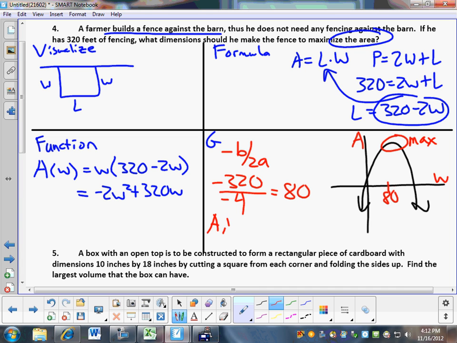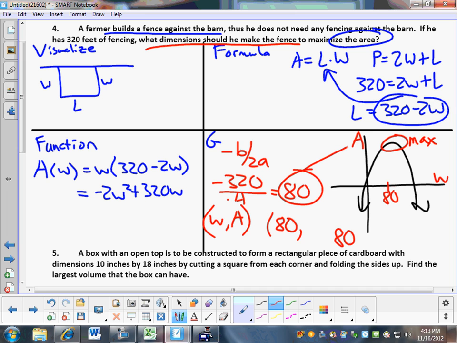Width and area. Width is 80. Area, we don't care about. It says find the dimensions. So 80 is my width. In order to find the length, I can take my 80, plug it in right there. 320 minus 160. It's 160. Done and done.